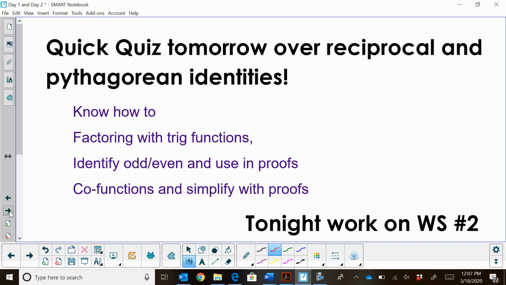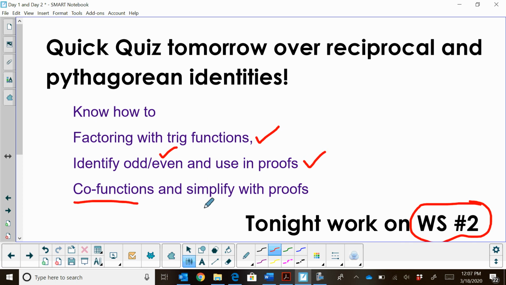And there we go. So we're not going to have a quick quiz tomorrow, but we are going to work on worksheet 2. What you need to know is you need to know how to factor with trig functions. We did that at the beginning of the lesson. You need to be able to identify odd even and use those in a proof. That last one we did, we just used it in the proof.